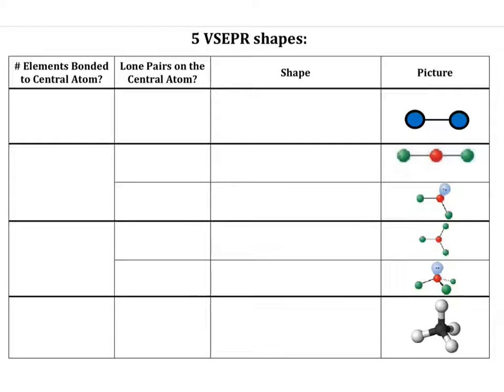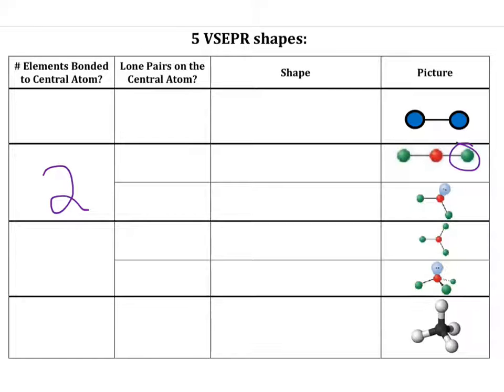Now, here are the different shapes that are possible for molecules. And so the first thing you want to ask yourself is how many elements are bonded to the central atom. I'm going to save this for last here. But let's go ahead and take a look at this central atom here. So how many elements are bonded to the central atom? 2.